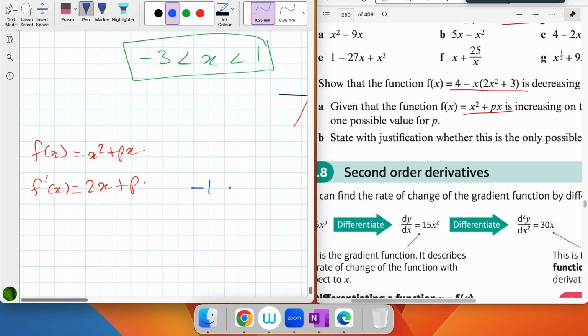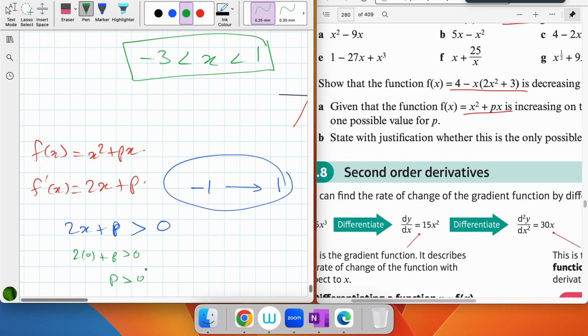x is from minus 1 to 1, and 2x plus p is greater than 0 because it is an increasing function. So you can use any value of x between these. An interesting value is 0. So when we use 0, one possible value is that p is greater than 0.